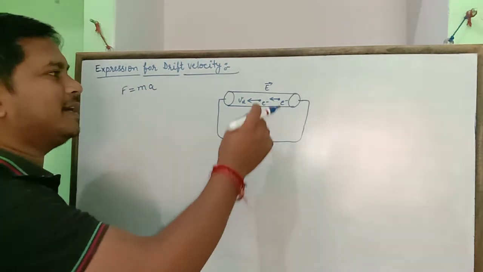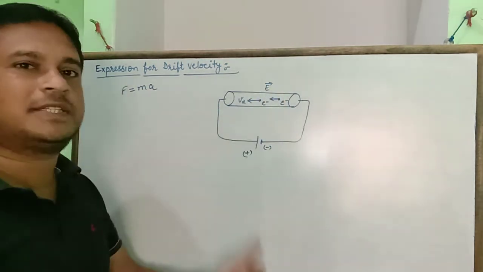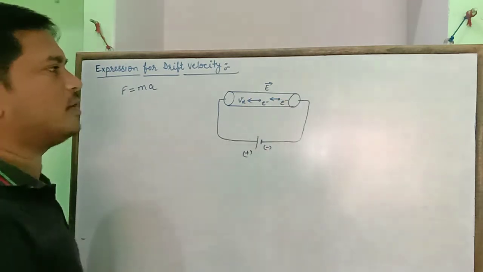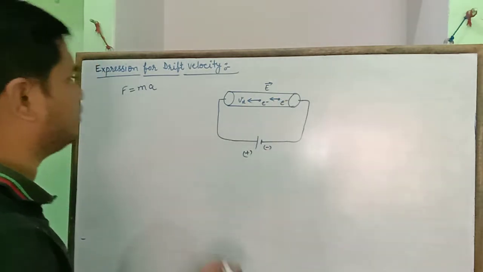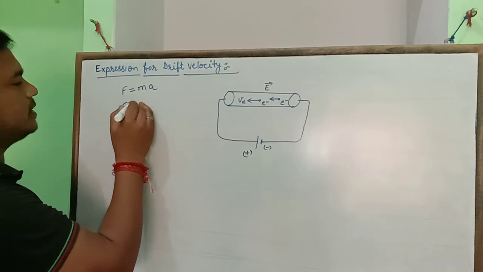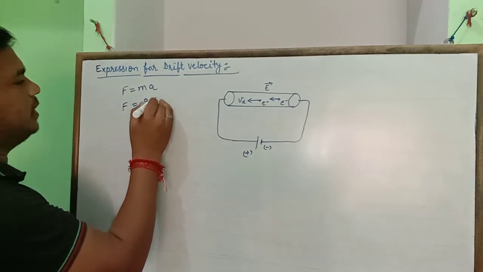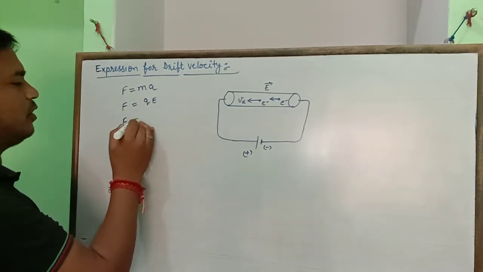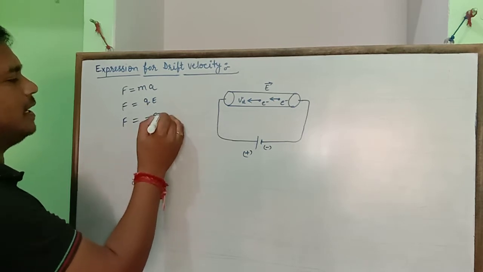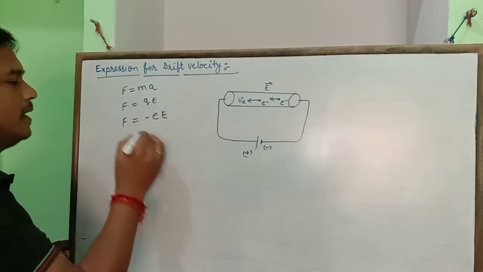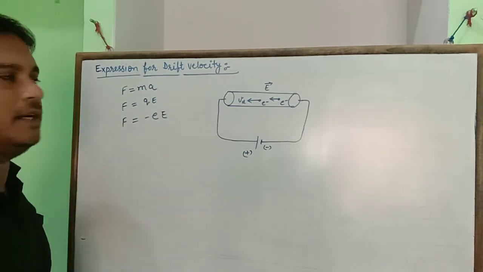And we know that the electric field is there, so the force on the electron will also be there. So the force is F equal to q E. If the charge of the electron is minus e and the electric field is E, then the force is minus e E.